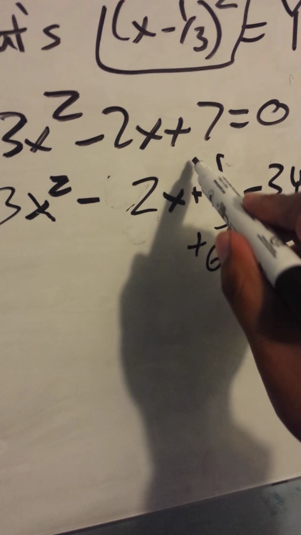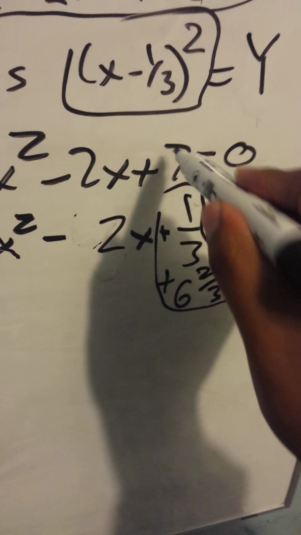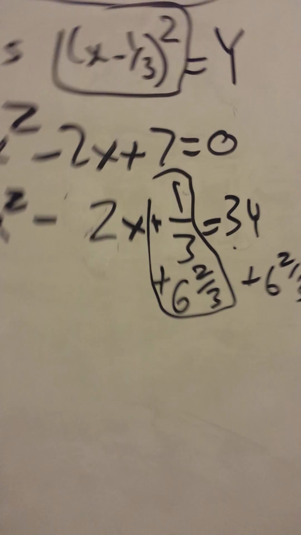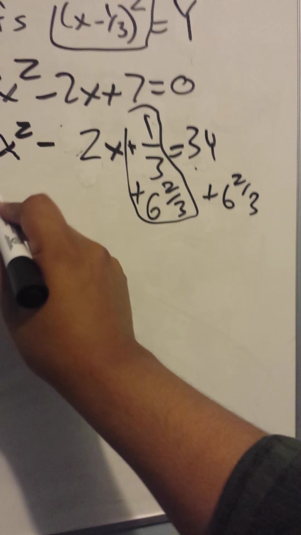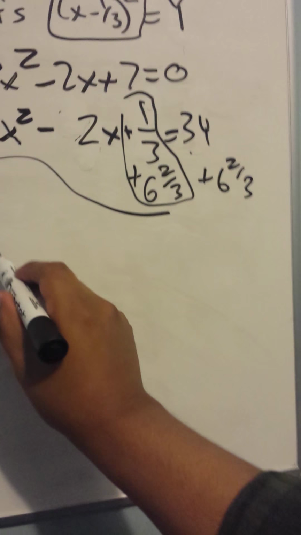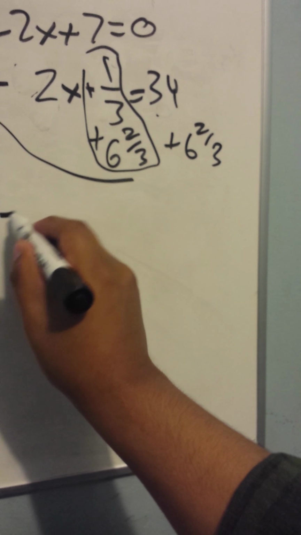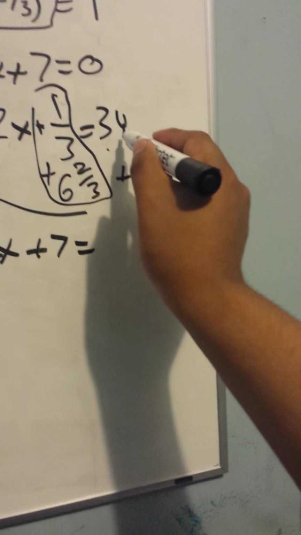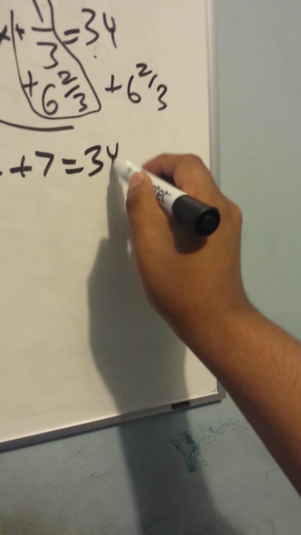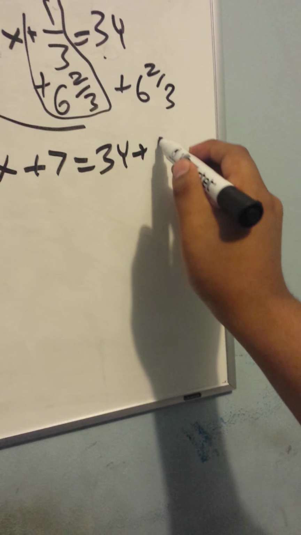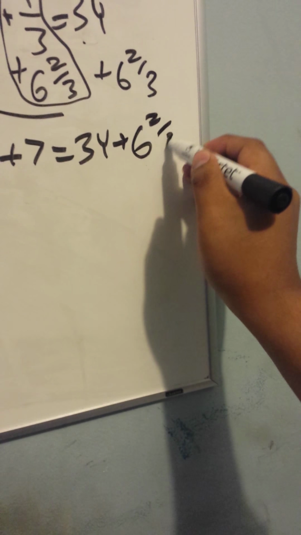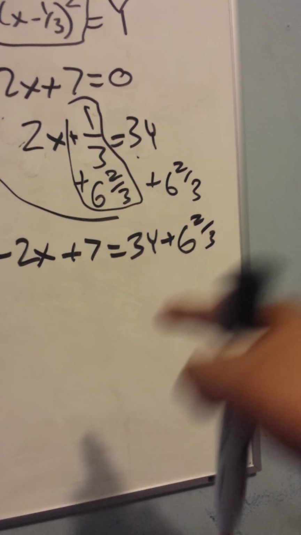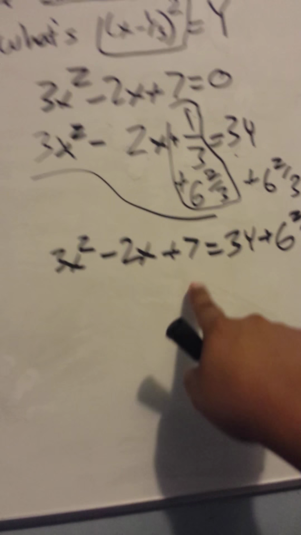So when I do that, this right here becomes 7. And so now this whole part becomes 3x squared minus 2x plus 7 equals 3 capital Y plus the 6 2/3 that we just added to both sides to make it 7.